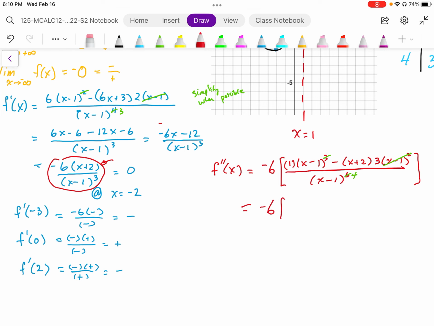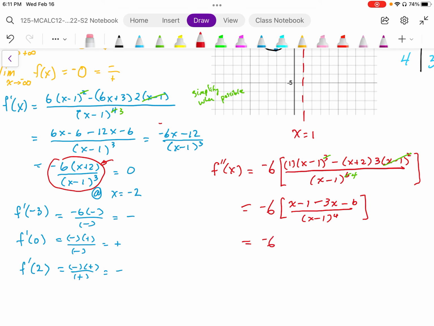So I end up with -6. And in the numerator, I end up with x minus 1. Then I have negative x plus 2 times 3, so that's going to give us negative 3x minus 6. Okay, so that's my numerator. My denominator is going to be x minus 1 to the power 4.